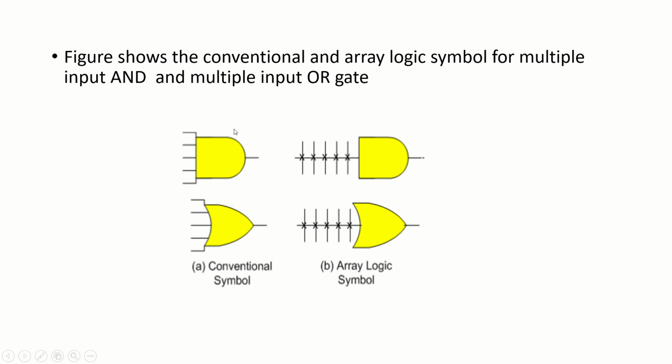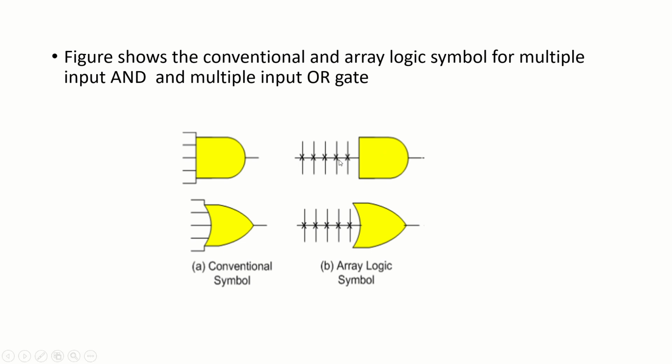Now here you can see this is an AND gate having multiple inputs and a single output. This is a conventional symbol which we have used till now in order to design a combinational circuit or a sequential circuit. Now for designing a circuit which is based on PLDs, since I have multiple inputs over here, we have a single connection and then different multiple inputs are connected to the same wire or the same input channel.